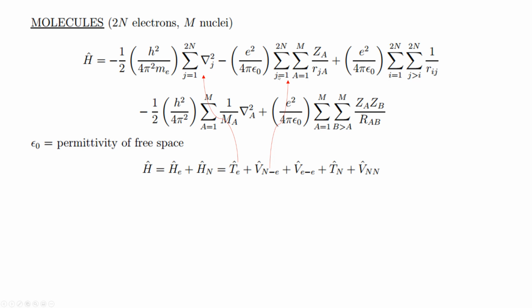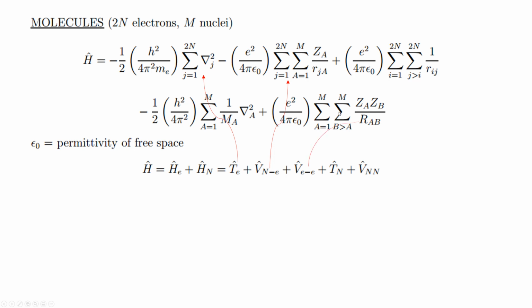So for example, if I have J equal 1 for electron number 1 over the summation of nuclei, simply I will deal with electron number 1 with nucleus A, electron number 1 with nucleus B, with C and D, and so on. When I finish the number of nuclei, then I go to the second electron, so J will equal 2, and 2 with A, 2 with B, 2 with C, and so on.